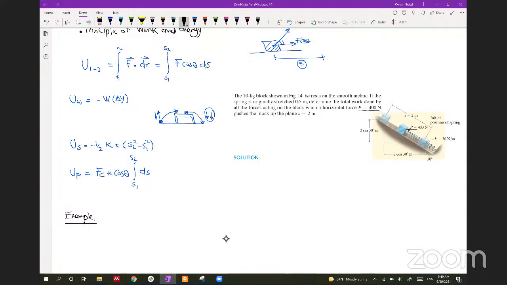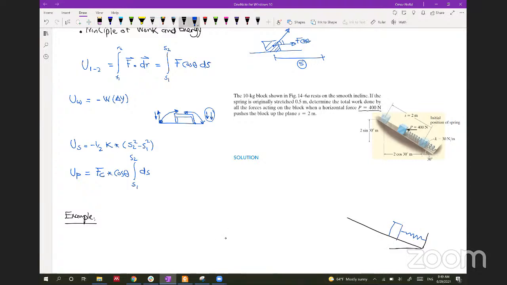So let's write this problem. Let's make it 30 degrees. So here's our horizontal plane, and we have a spring like this, and here's our body.